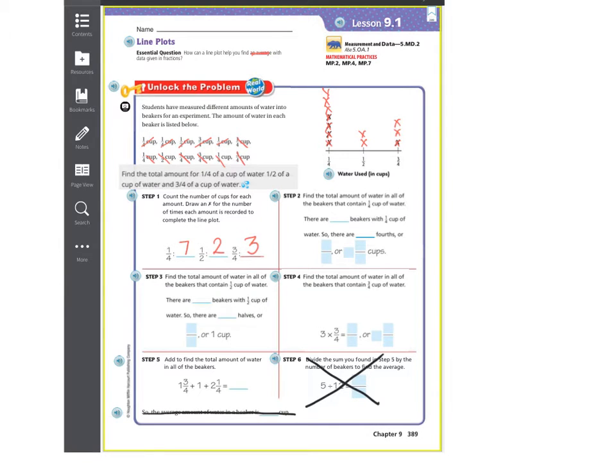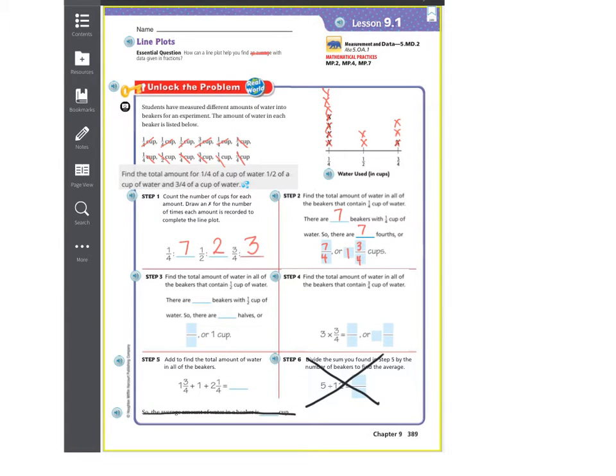Step 2 is to find the total amount of water in all the beakers that contain a 1/4 cup of water. So we know that there are 7, as it says it right here, there are 7 beakers with a 1/4 cup of water. So there are 7/4, which also equals 1 3/4 cups of water.